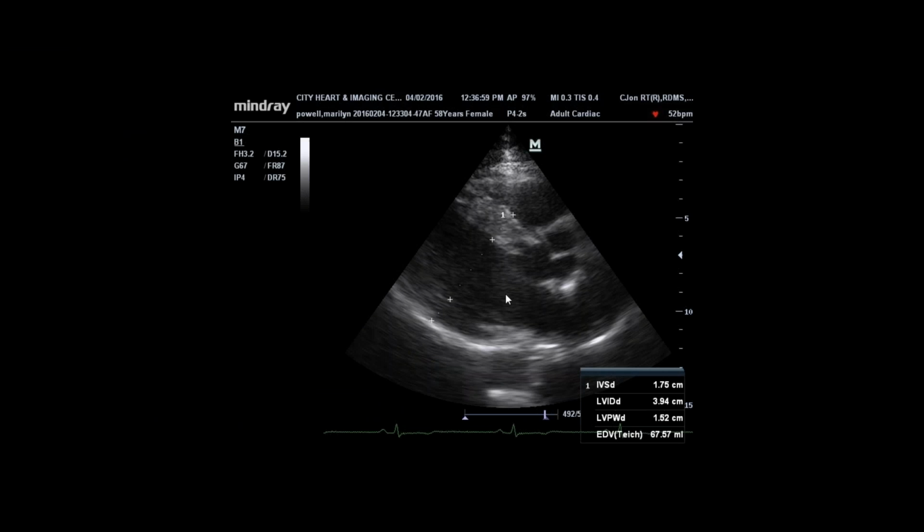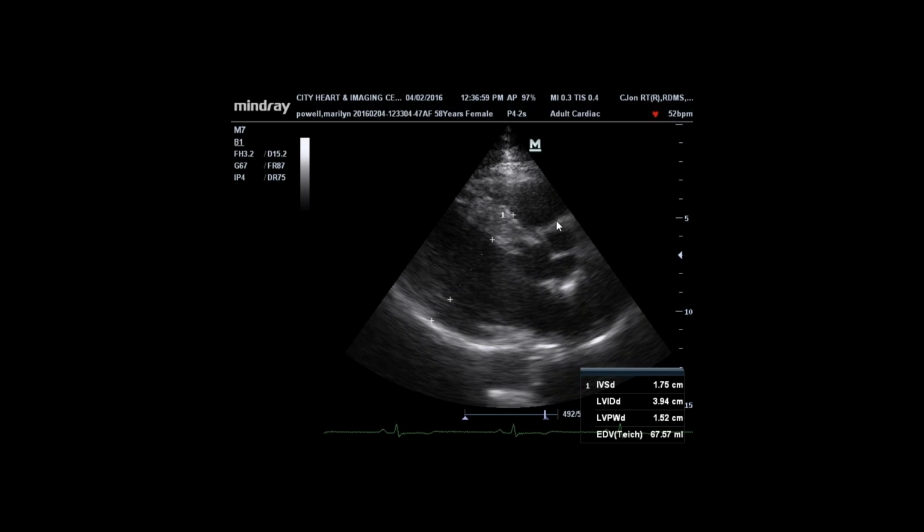In diastole, when the mitral valve is open and the aortic valve is closed, you measure your septal thickening in diastole, the LV cavity size in diastole, and the posterior wall in diastole. Remember, your measurement should be at the tip of the mitral valve.